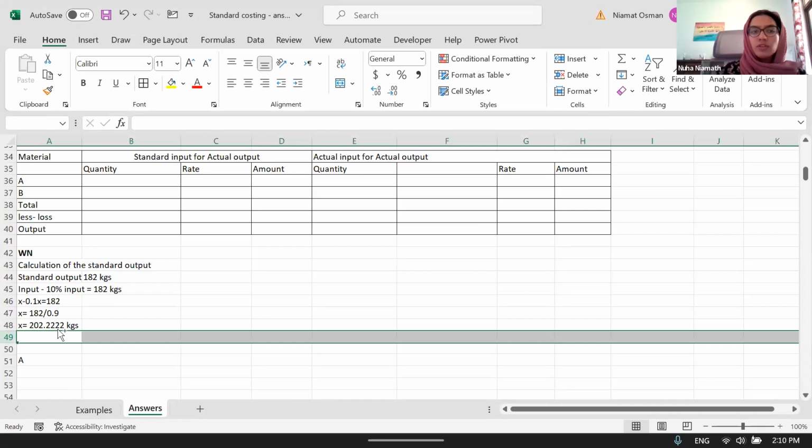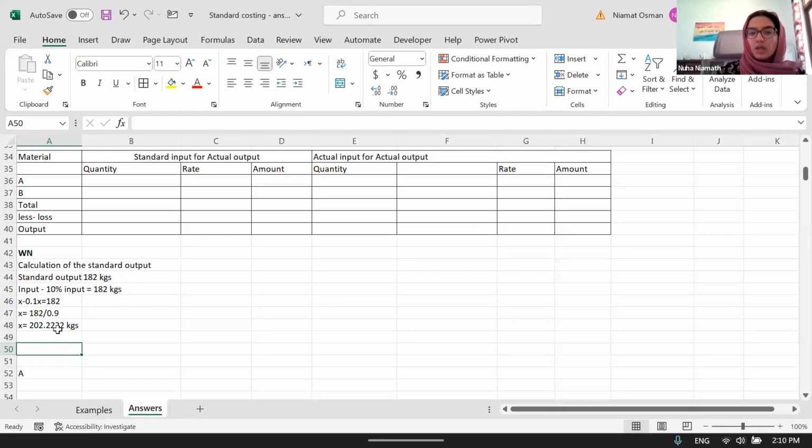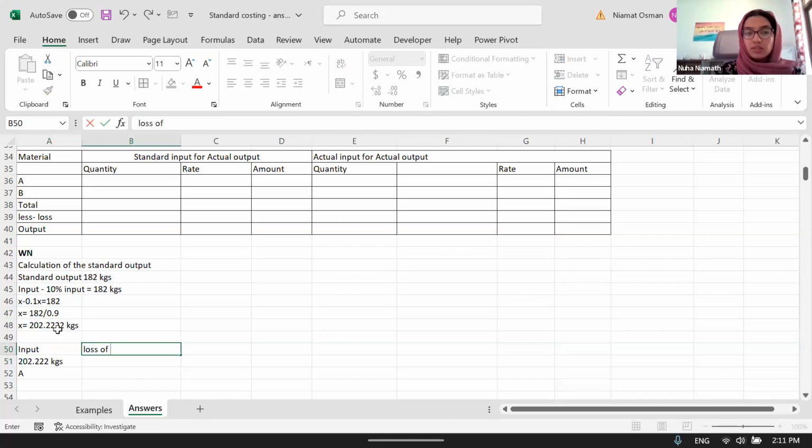If I put it in words, my output is 182 kgs. That is, let's put it like this: my input is 202.222 kgs. There is a loss of 10%.